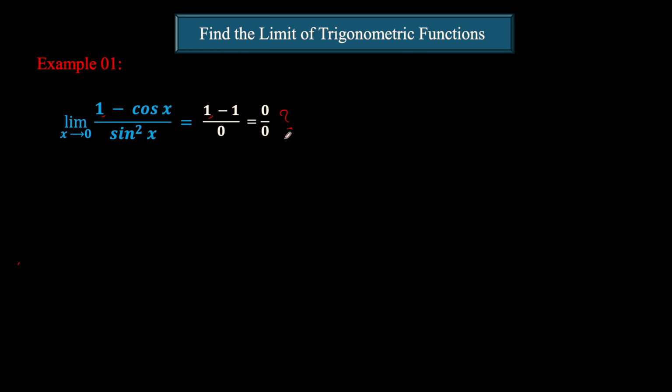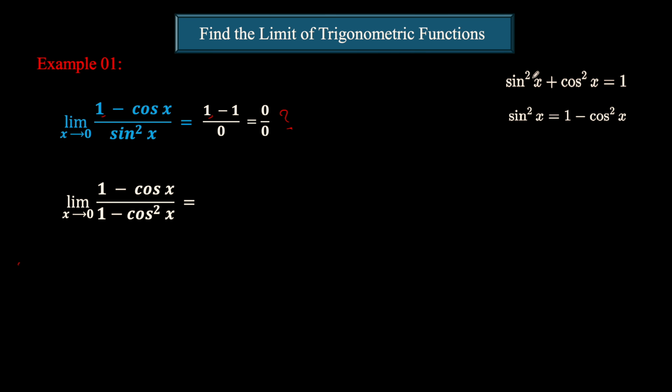So what we'll do is we'll take advantage of the Pythagorean identity. The Pythagorean identity says sine squared x plus cosine squared x is equal to 1, okay? So what we will do is we'll take cosine squared x to the other side, and we'll get sine squared x is equal to 1 minus cosine squared x.